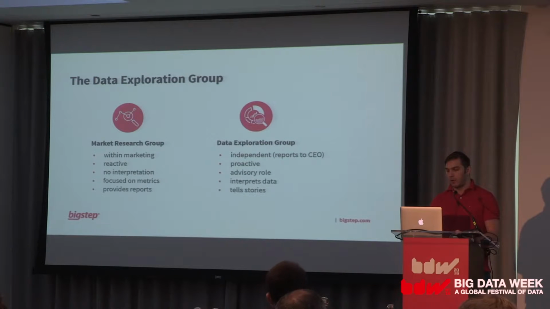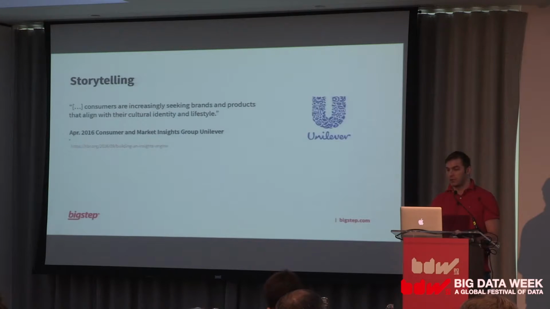And to give you an example of one of these stories, the data exploration group at Unilever has done a humongous study recently, I think this year, and they came up with a single phrase that describes what the study talks about.